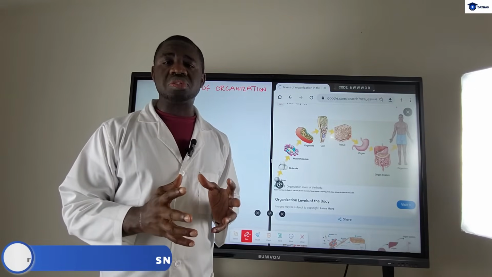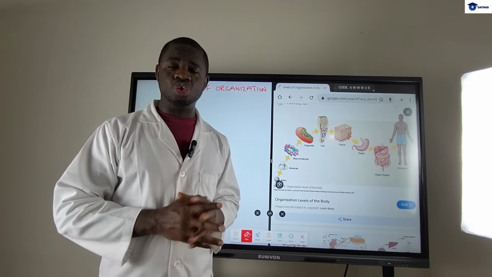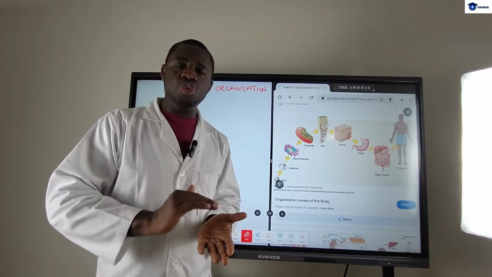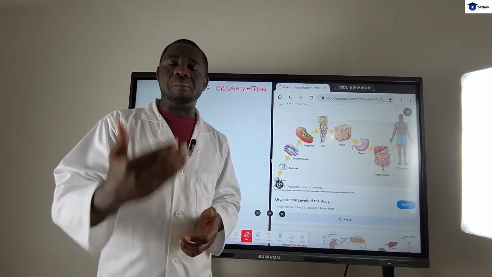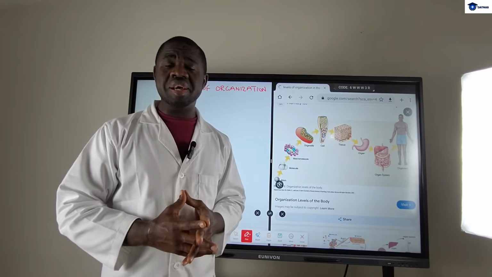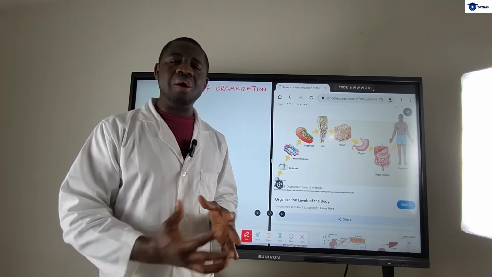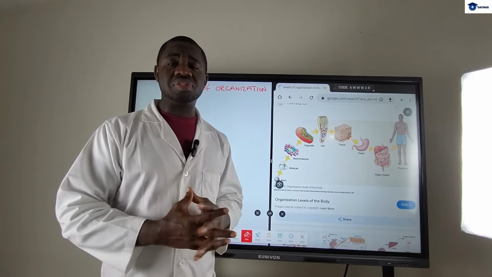We were once in a state of nothingness to a state of something, and as we develop, we increase in complexity. The levels of organization in the body can be likened to how society, how the world is developed.